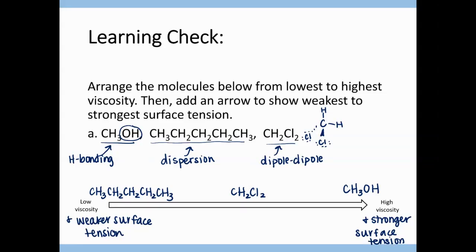When we were talking about pentane, we were comparing a nonpolar molecule to another nonpolar molecule that was smaller. If we have two nonpolar molecules, they both have dispersion forces, but the larger one will have stronger dispersion forces. But hydrogen bonding is still stronger than dispersion forces.